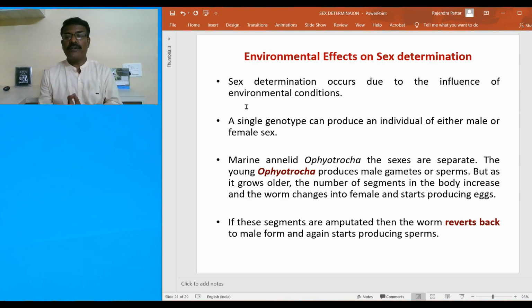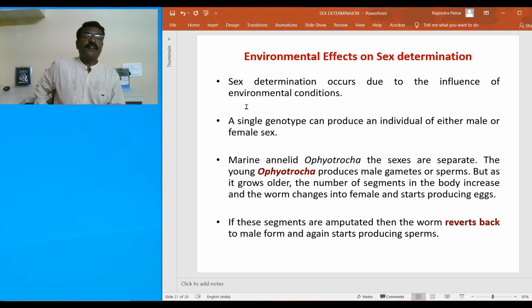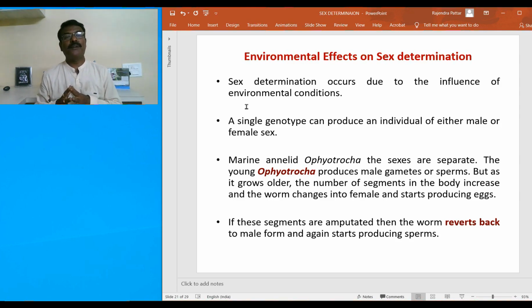And coming on to the next concept, sex determination other than the chromosomal mechanism, other than considering the type of chromosomes present in it. After birth, the individual's sex could be reversed, could be changed. How is that possible? We need to consider different cases, different examples, because these wonders do occur in nature or in the environment. That's why we say that nature is supreme.